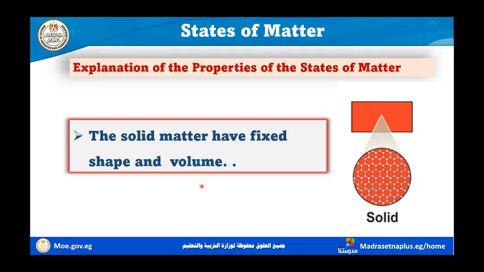The interparticle spaces are very tiny, the particles are very close to each other, and so the motion is only vibration in their fixed positions without moving from their places, so the solid matter has fixed shape and fixed volume.